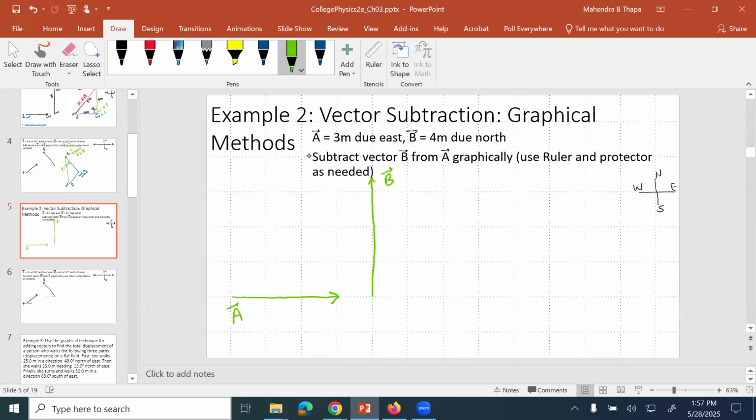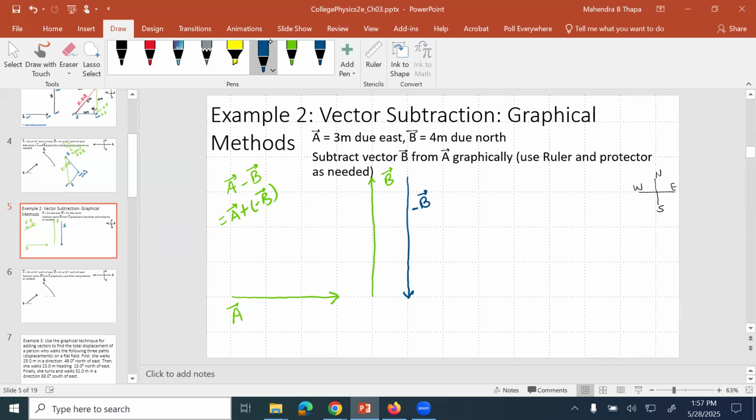I want to subtract vector B from A. So I want A minus B, which is basically the same as A plus minus B. So clearly you know that if vector B is north, minus B vector will be south. So same length, but pointing towards south.